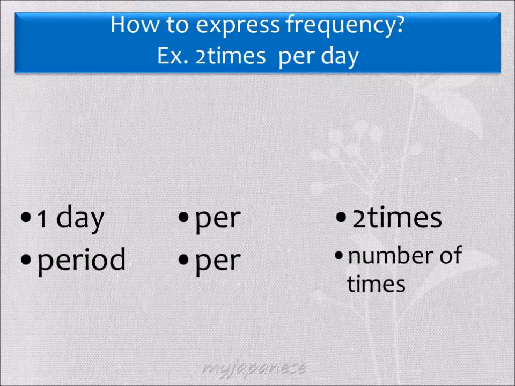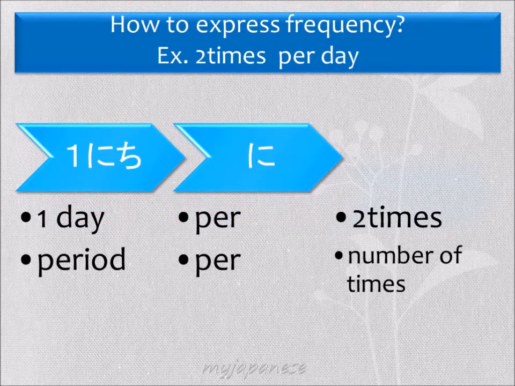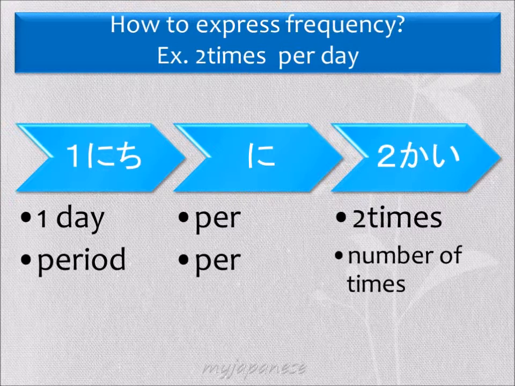In Japanese, it's 1日に2回. Literally, 1 day per 2 times. We say period first, and the particle ni, which means per, next, and the times comes last. Remember, it's opposite to English.